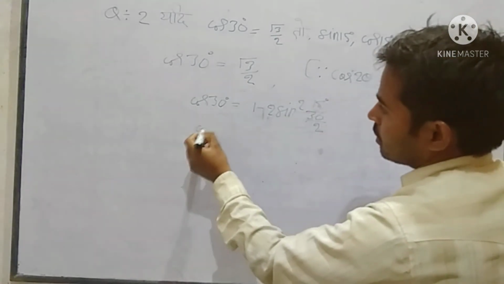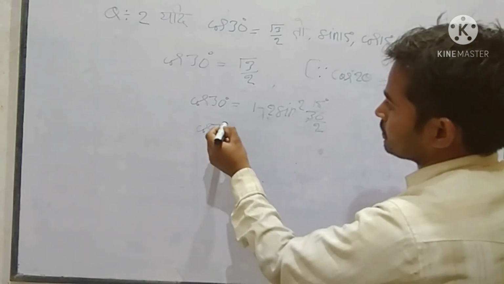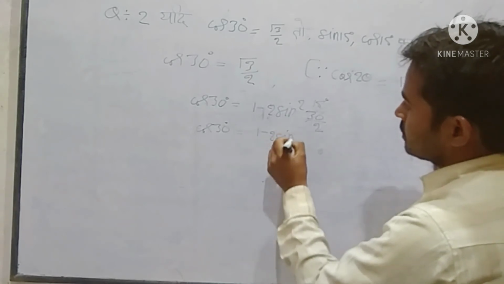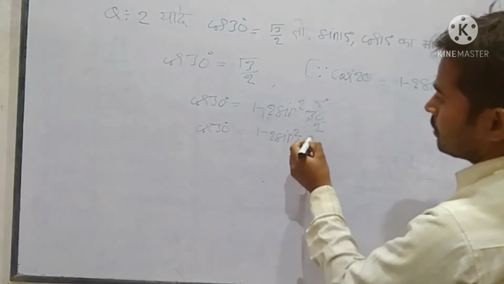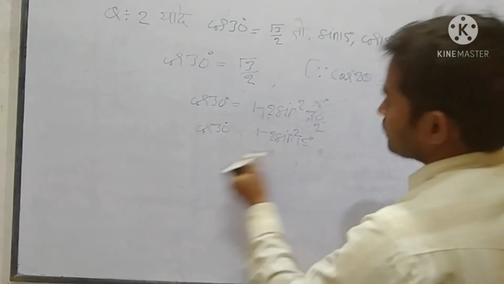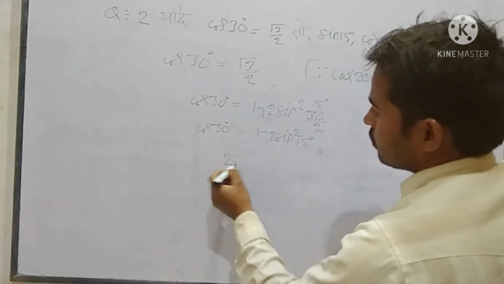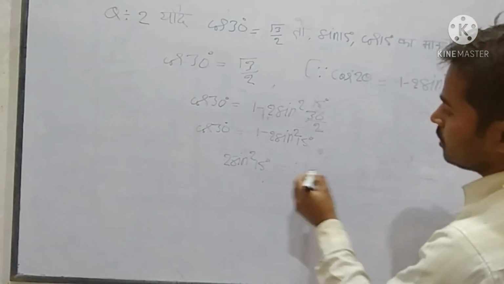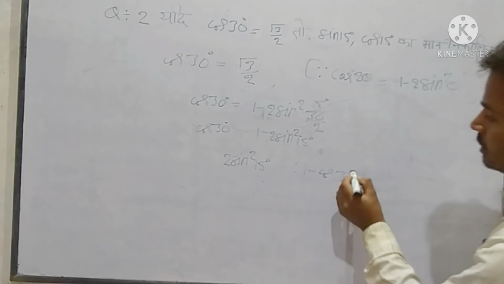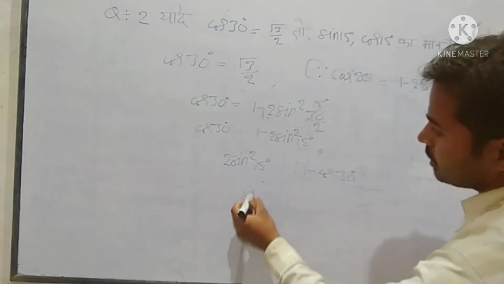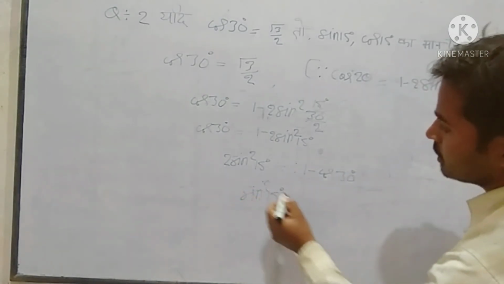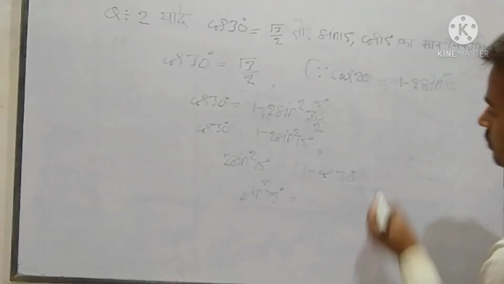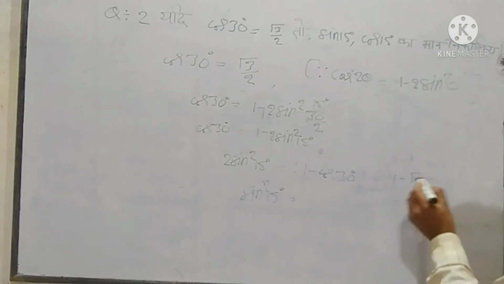So cos 30 degree is equal to 1 - 2 sin² 15 degree. So 2 sin² 15 degree is equal to 1 - cos 30 degree. So sin² 15 degree is equal to, the value of cos 30 degree is square root 3/2, so we can write 1 - square root 3/2.